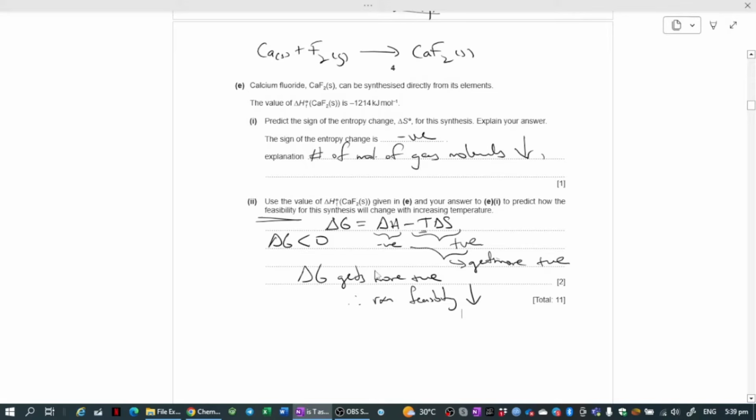And typically, this is how we answer questions involving feasibility of reactions, by considering the effect of temperature on delta G, where you treat the delta H and the T delta S terms and consider the combined effect together to see if delta G is getting more positive or less positive, right? And that was question 1.